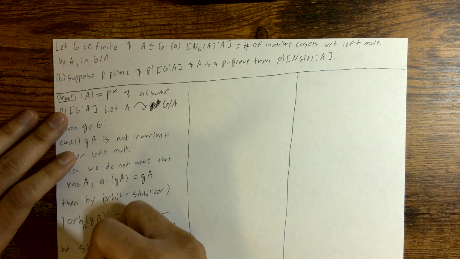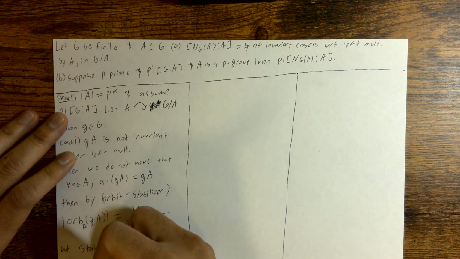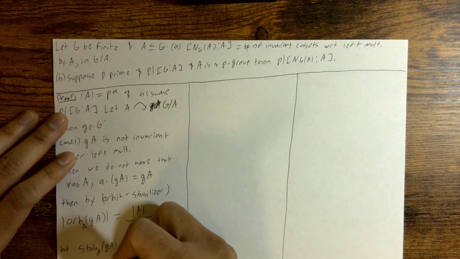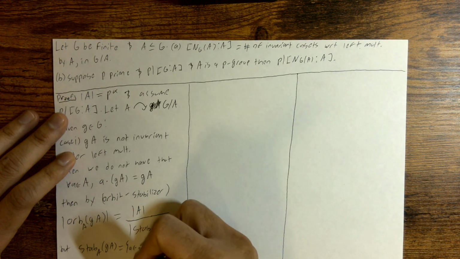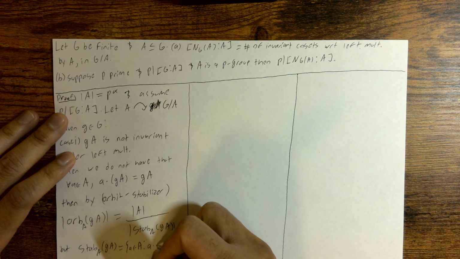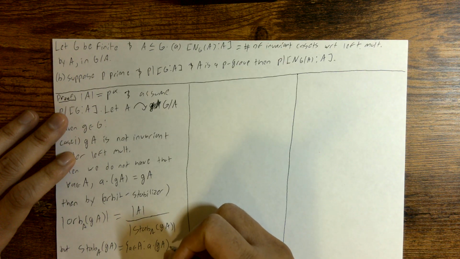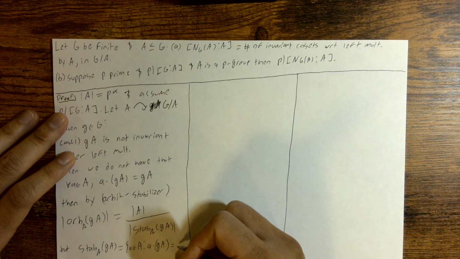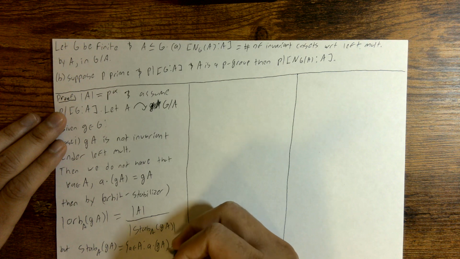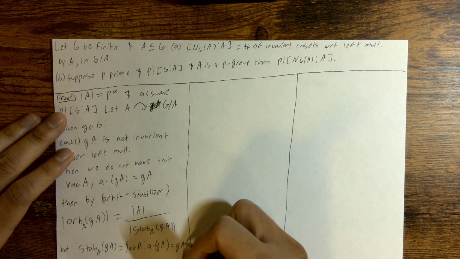The stabilizer of gA is precisely all a in A such that a·gA is equal to gA.